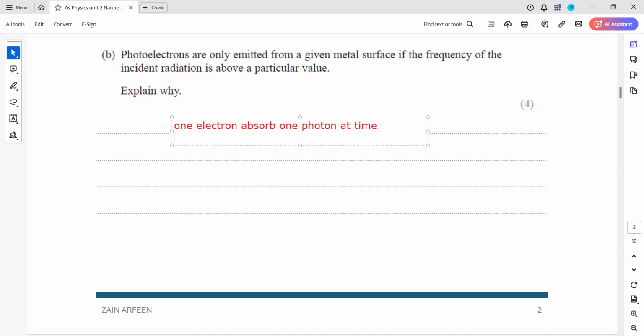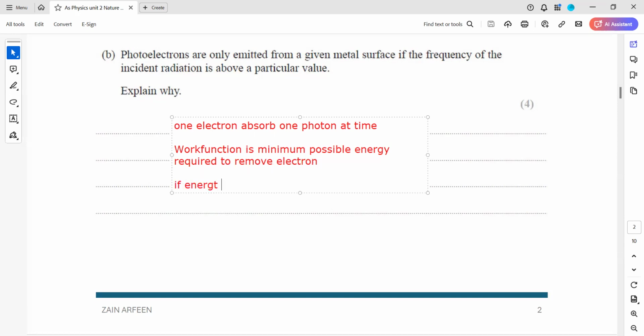Then there is a minimum energy which we need to remove an electron, the work function, which is the minimum possible energy required to remove an electron.